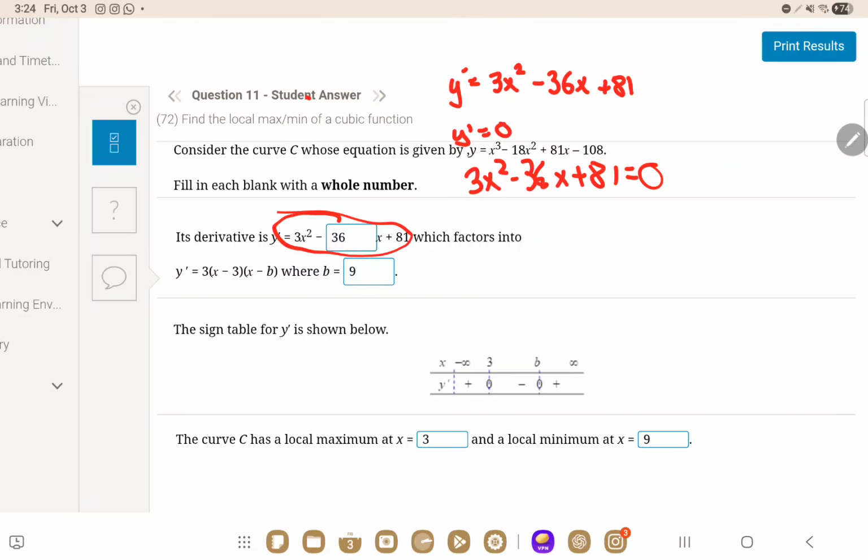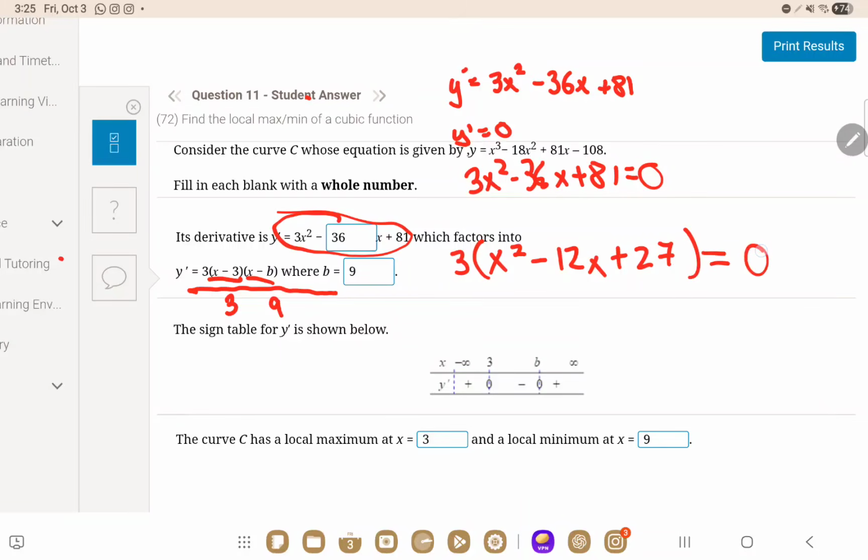And then you could take 3 out. What I usually do is I put this into my calculator, and you're gonna get the answers to be 3 and then 9. So it is x minus 3 and x minus 9. So that's a trick. But you could also take 3 out and leave it to be x squared minus 27x plus 81, no, 81 divided by 3 is 27.